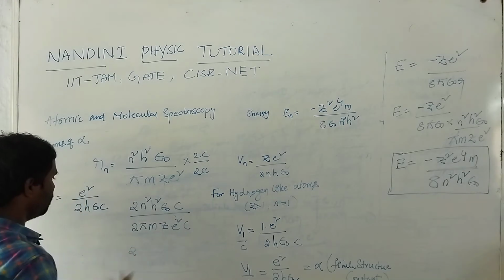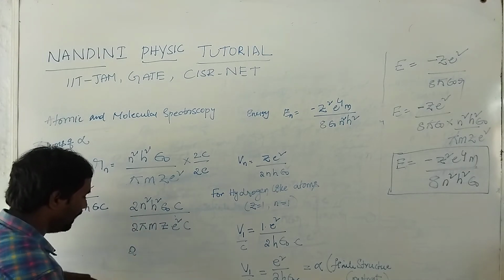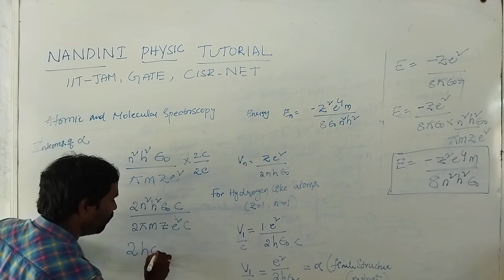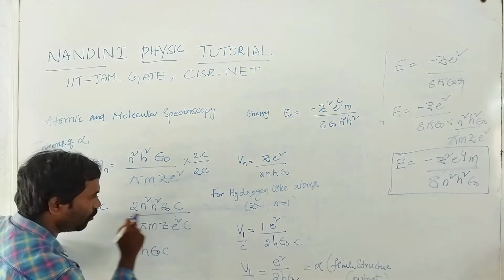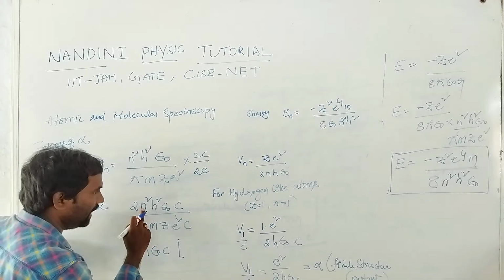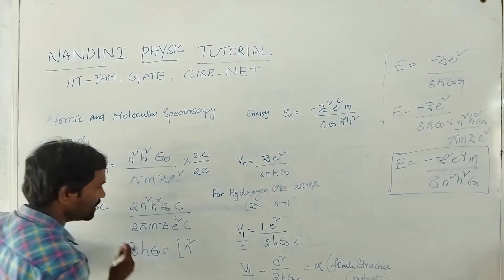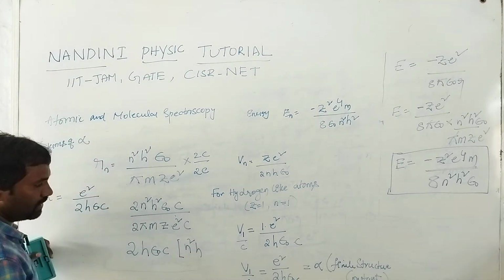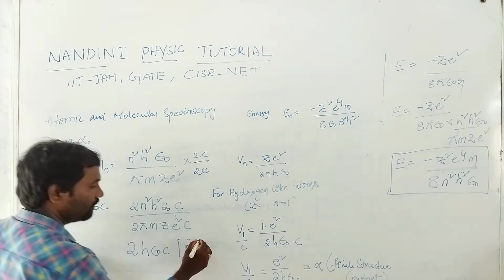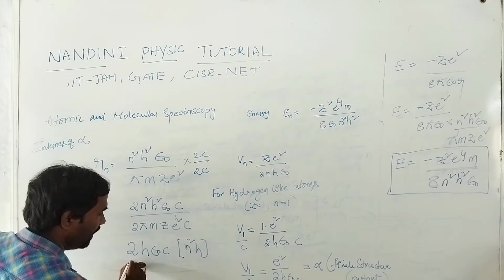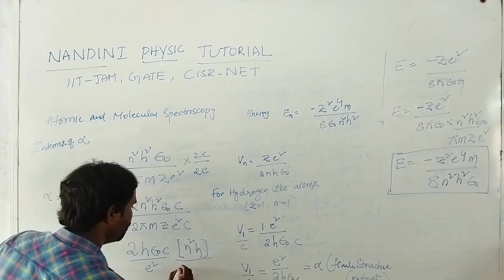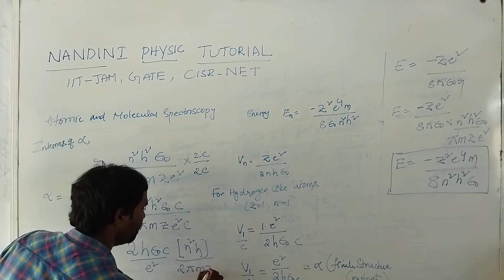The remaining is n square h, divided by c, and e square, divided by the remaining factor 2 pi m z e square.